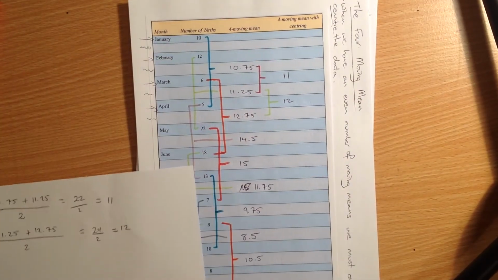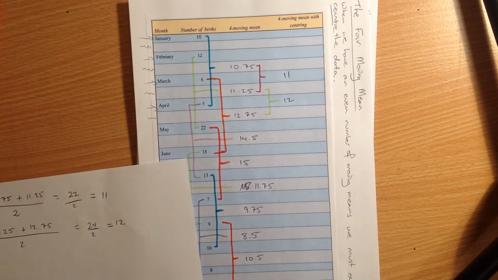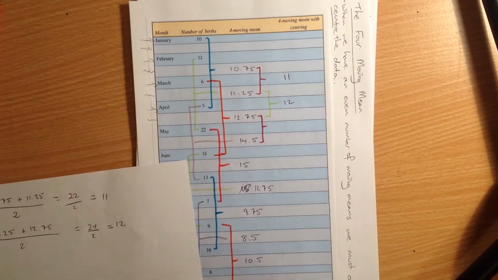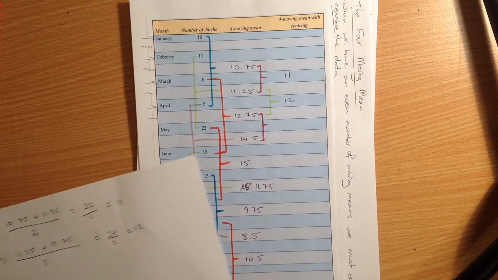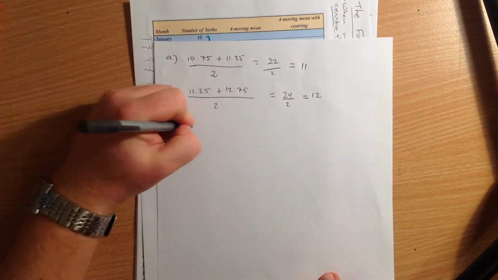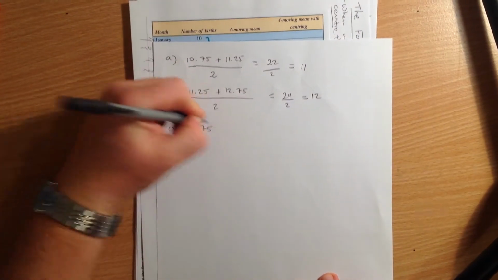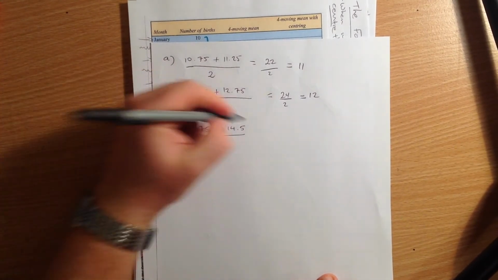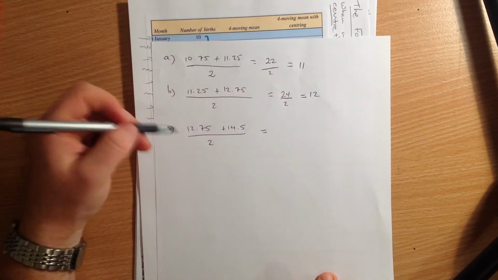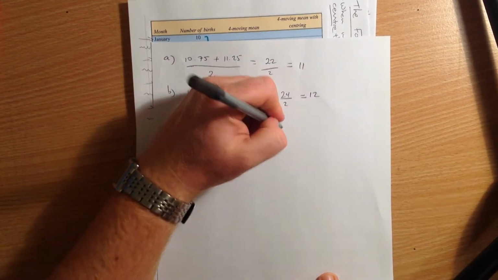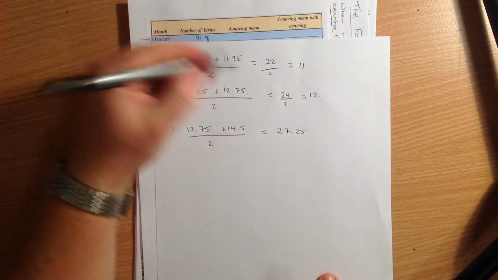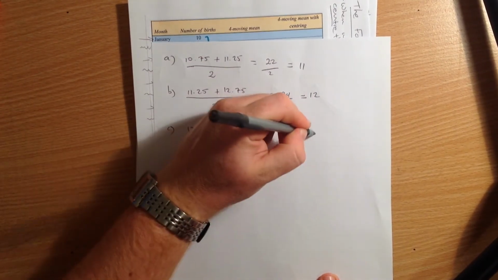So there's my 12, and I'm going to average the next 2, 12.75 and 14.5. 2 pieces of data we're averaging, so we're going to divide it by 2, and now we're going to start to see 27.25. That definitely is not going to add up to a nice even number.